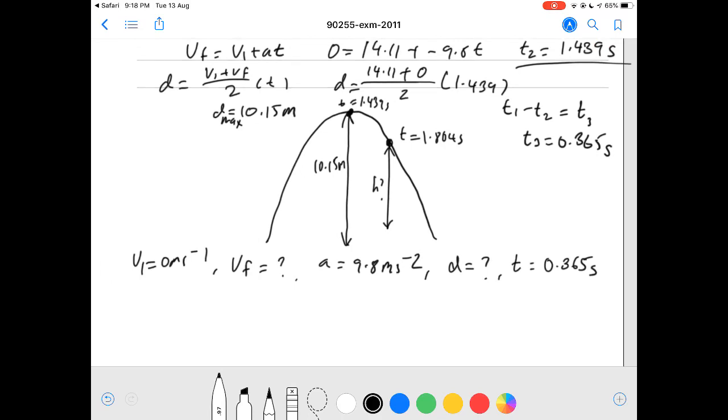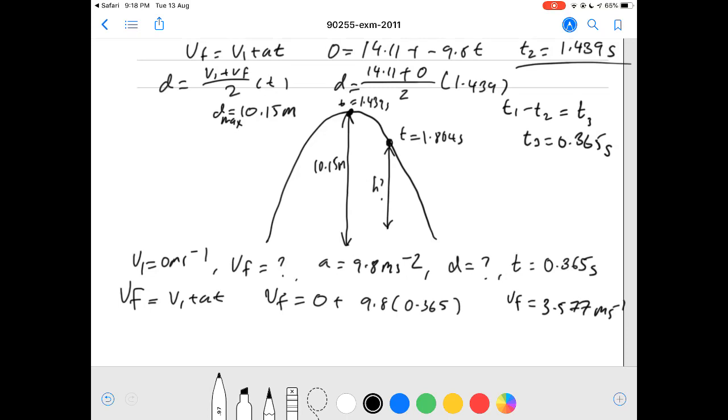Looking at our equations of motion, we can't go directly to D at this stage. We need to find VF first. We can say VF equals VI plus AT, so VF equals 0 plus acceleration times time. If we plug that into a calculator, your VF should come out to be 3.577 meters per second.